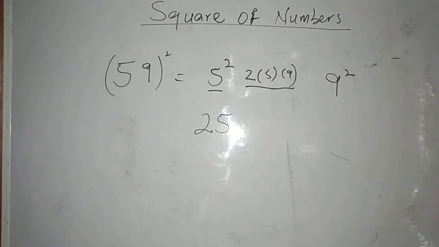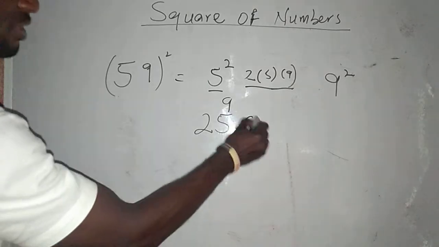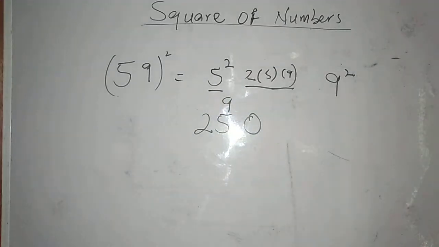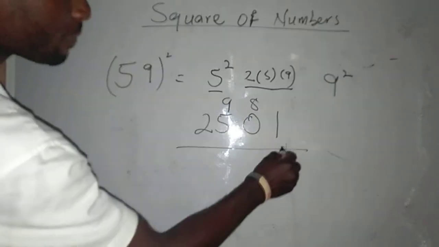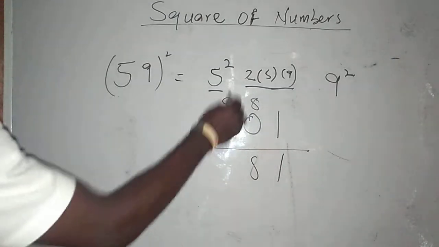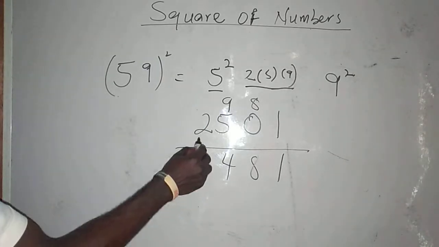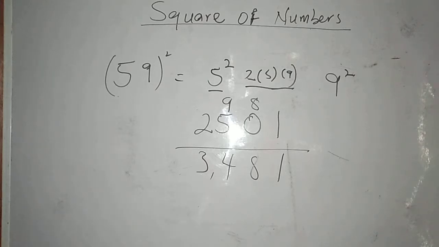The next one will be this times 90, that will be 90. I will have my 9, I will have 0. The next one will be 81. I will have my 8, I will have my 1. My final answer will be 1, 8, which is going to be 14. I have 4, plus 1 is going to be 2 plus 1 is going to be 3. It means 3,481.